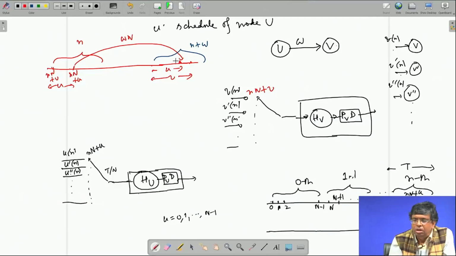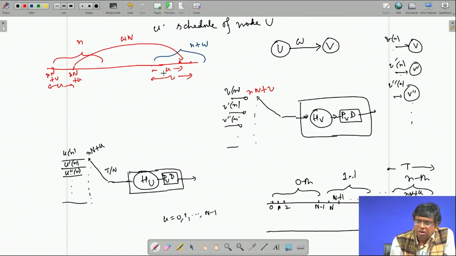But then that is not the point where in general this hardware unit is taking up the job of V, because I am interested specifically in V. Maybe its schedule n into capital N plus V is further to the right. That means I have to have a further amount of delay of V minus u, if V is greater than u. Okay.